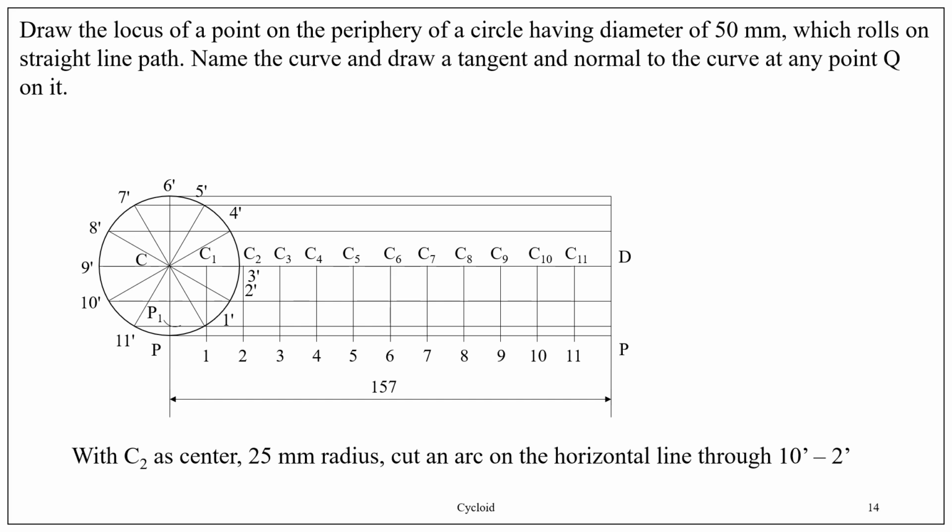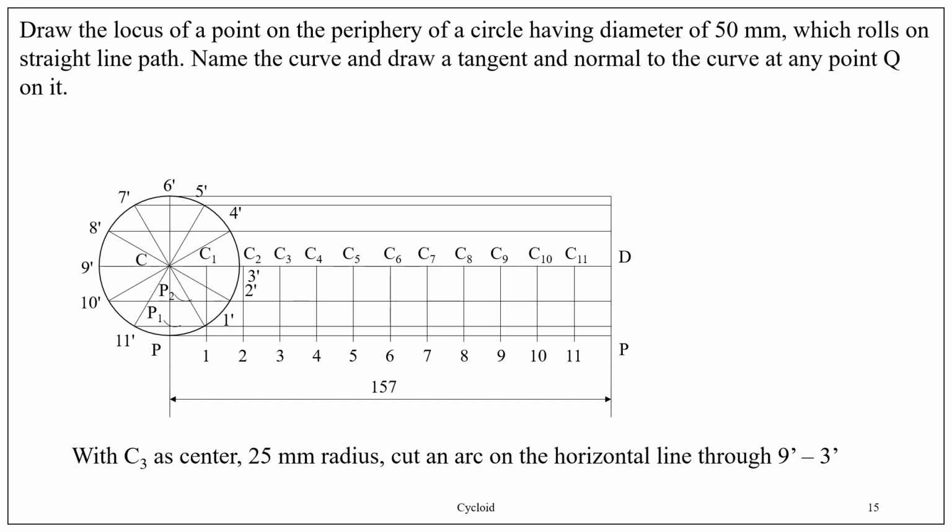Follow the same procedure using C2, C3, C4 up to C11 as center. Obtain different points P2, P3, P4 up to P11. Here, take 25 millimeters as radius in your compass, fix C2 as center, cut an arc through the horizontal line 10 dash 2 dash and obtain point P2.